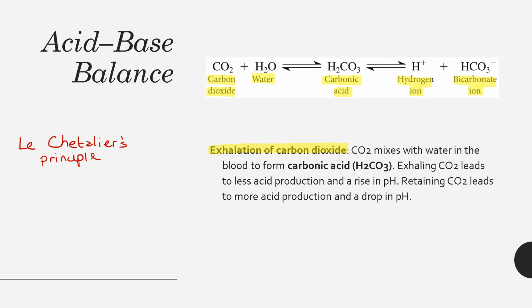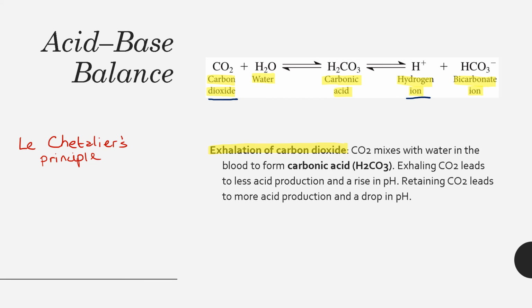The principle states that if we increase our carbonic acid, it's going to shift the reaction to the opposite side, increasing CO2 and/or water. So we're going to use this principle to understand how carbon dioxide over here affects the concentration of hydrogen ions in the blood.